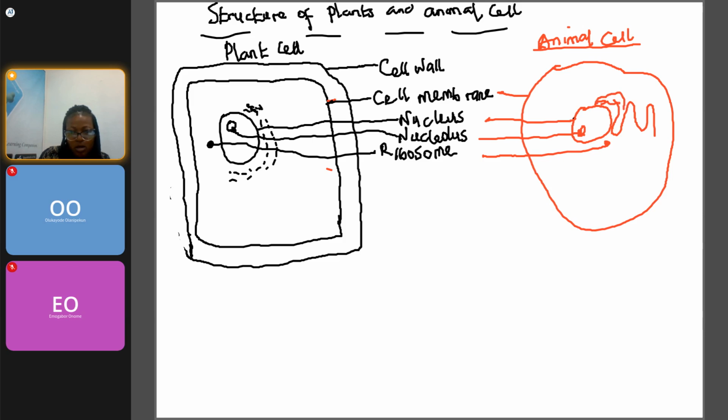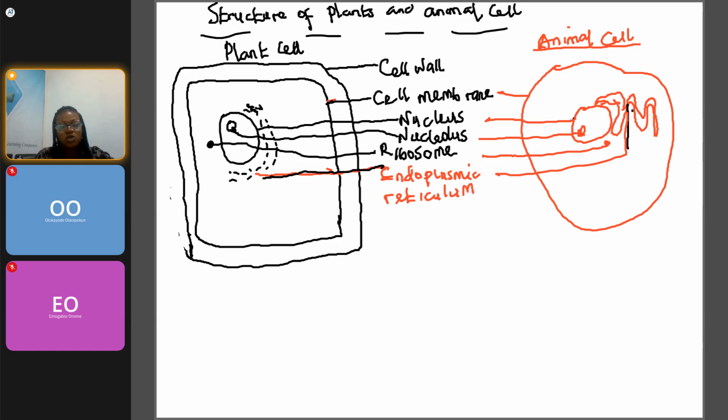Okay, so we call this endoplasmic reticulum. It is also present in animal cell. And what is the function of endoplasmic reticulum?